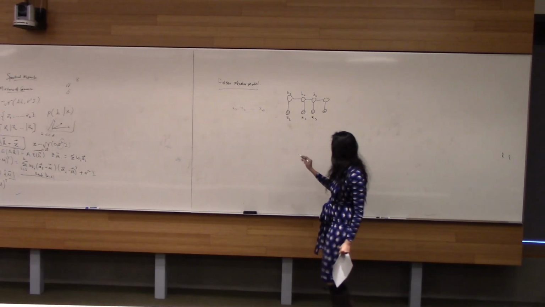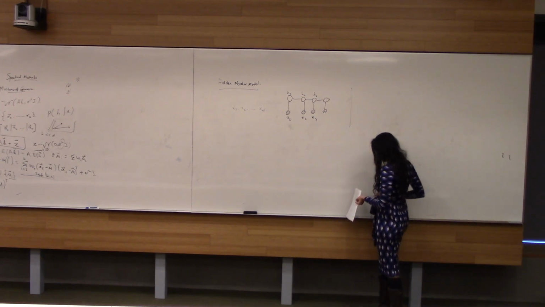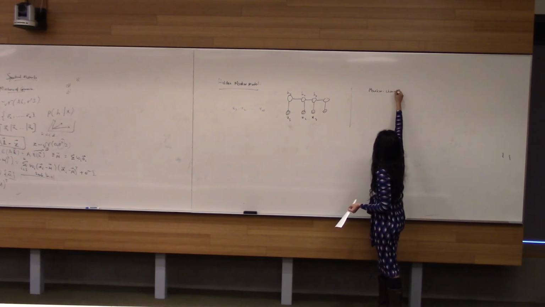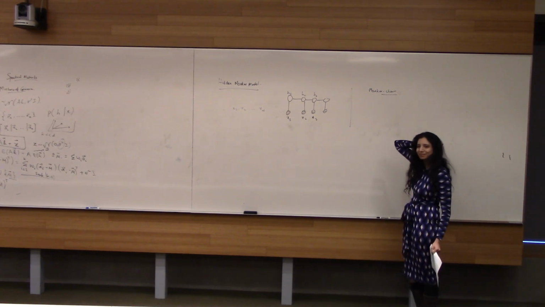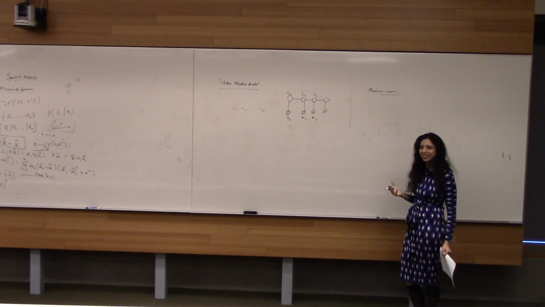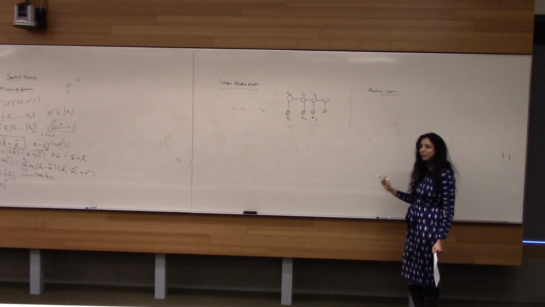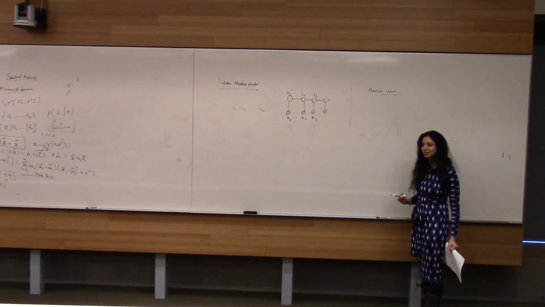Before I go to the HMM, I can do the simpler version, or a degenerate version of this, which is just a Markov chain. So what's a Markov chain? Sure, you've all seen Markov chains. What is the basis for defining Markov chains? The next iteration is only dependent on the previous iteration.